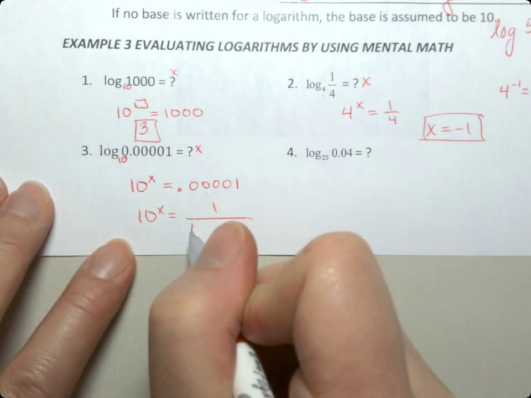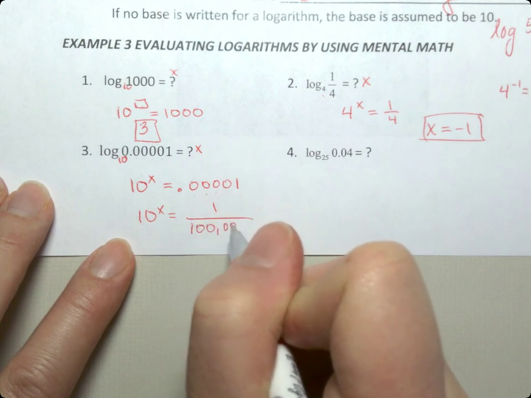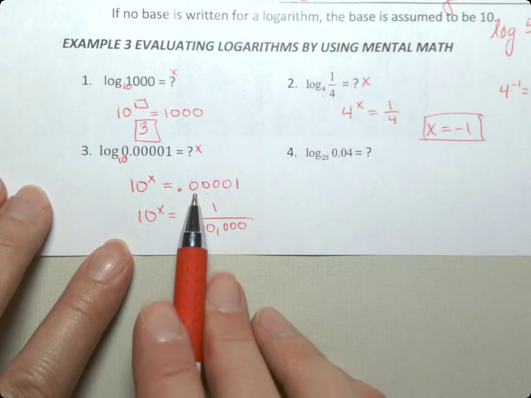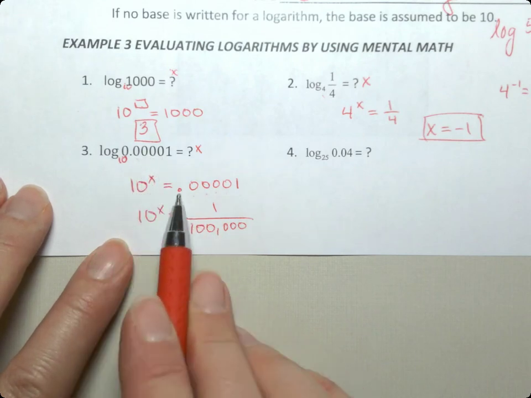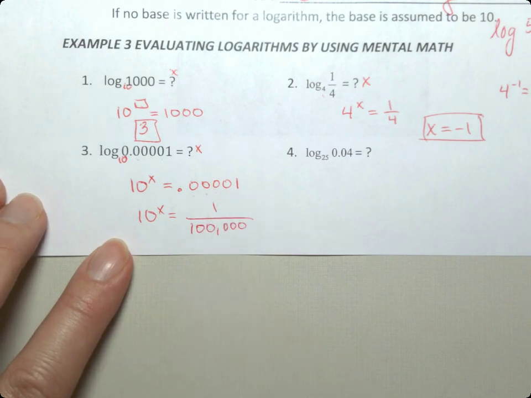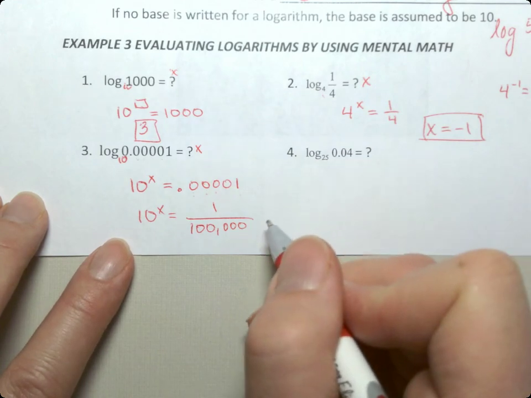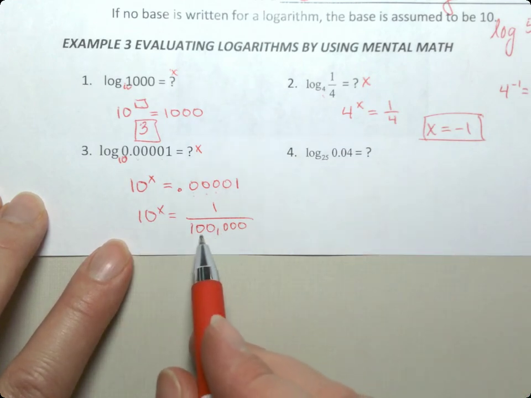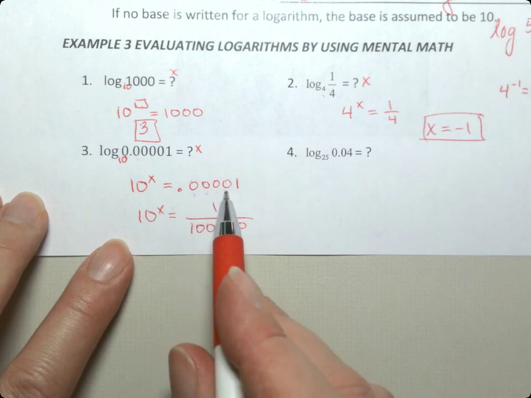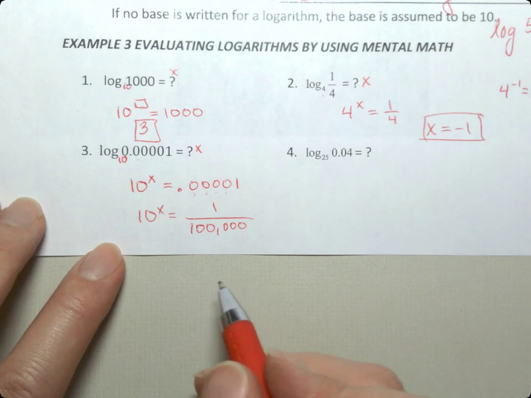So this would be 100,000th. Did I put too many decimals here? 10th, 100th, 1000th, 10,000th, 100,000th. Okay. So what would move my decimal places? 1, 2, 3, 4, 5 places.